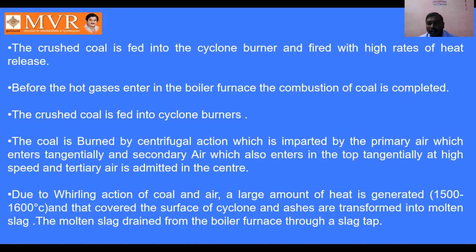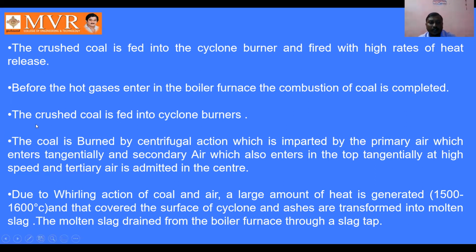The large pieces of coal which have entered the ID fan are returned back to the separator, and from the separator they again enter pulverization, and the recycle starts here. The powdered coal then enters the burner, and the burner releases high rates of heat.